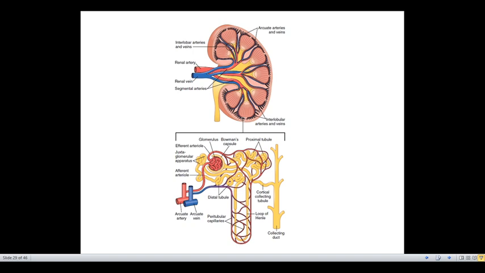The upper panel of this figure shows a section of the kidney showing the major blood vessels. The lower panel shows the vascular supply of a nephron.